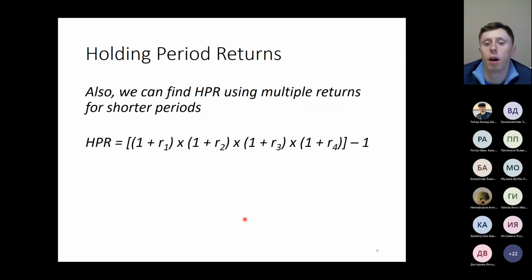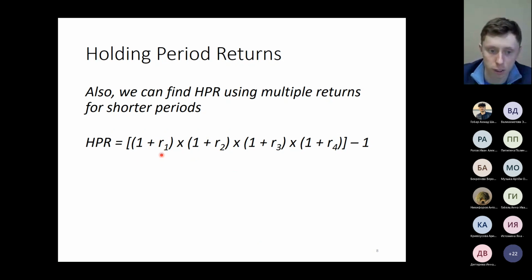Another thing to keep in mind is how we can convert from the shorter period return to the longer period return. If we have, let's say, quarterly returns, we can use the principle of compounding, which by this moment should be already well known to you, to estimate the return for a year.